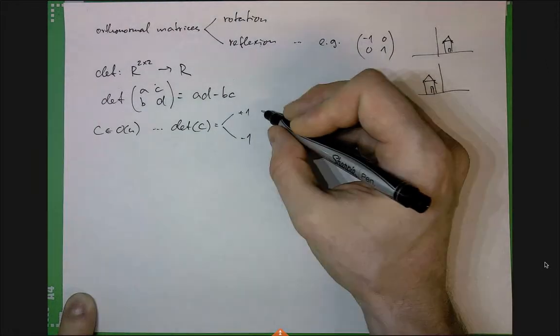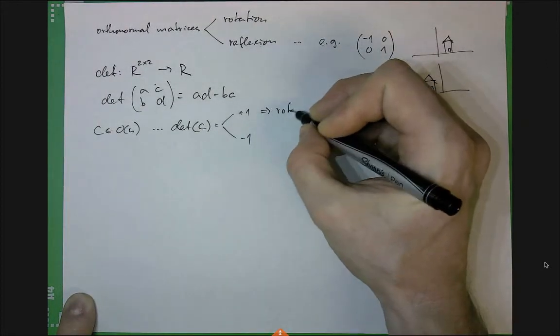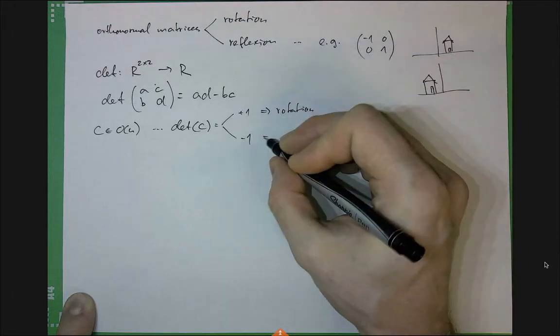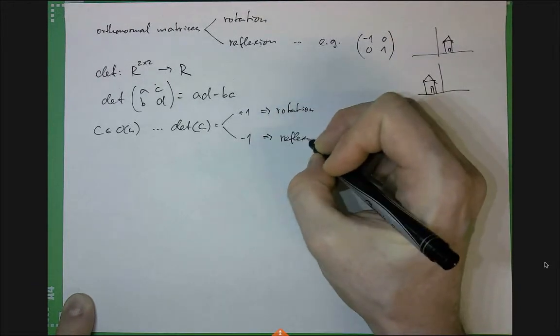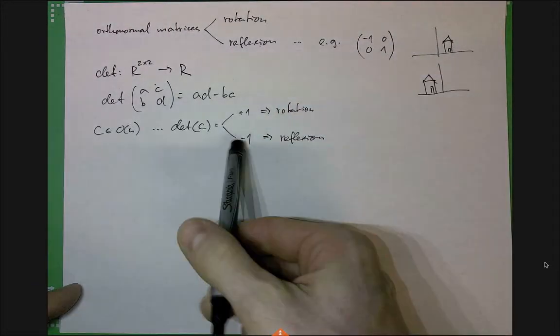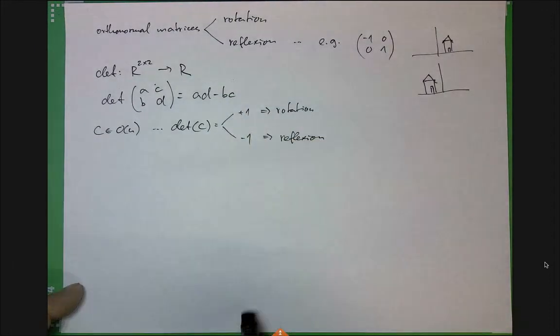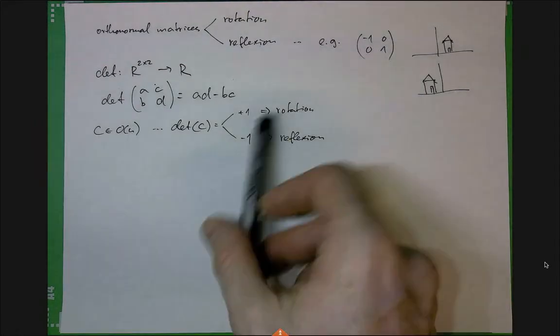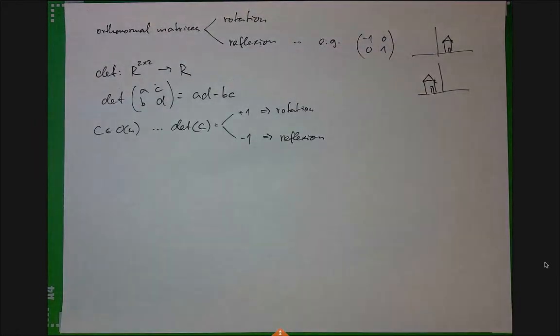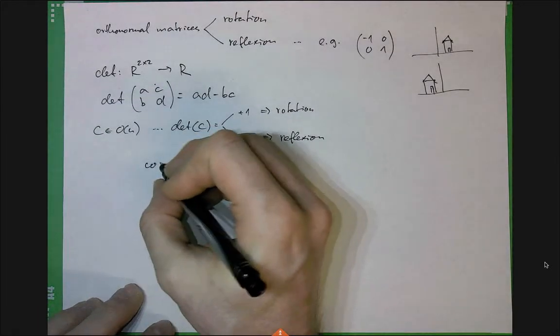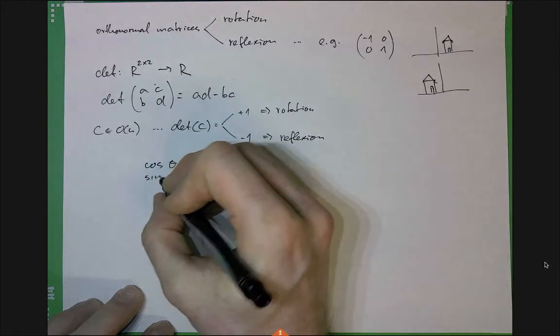If it's +1, it means it's a rotation, and if it's -1, it means reflection. So the sign of the determinant tells us whether the matrix is a rotation or a reflection. For example, in 2D, our rotation matrices look like this.